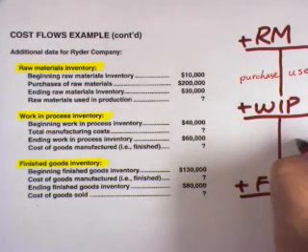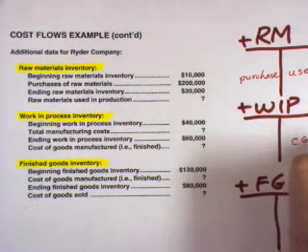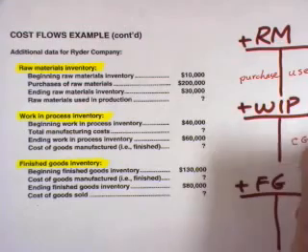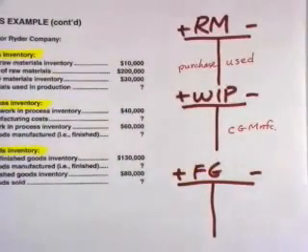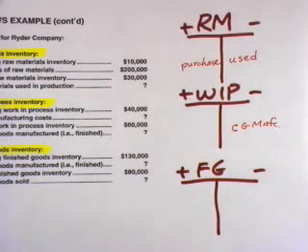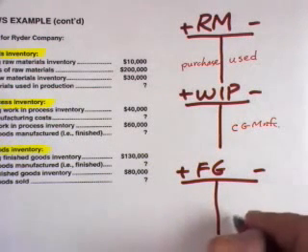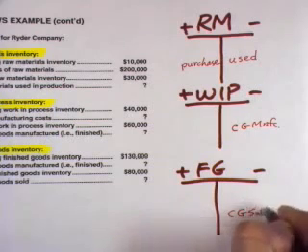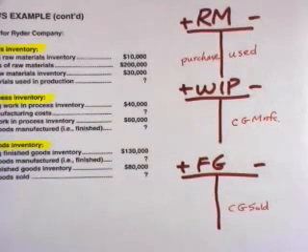we end up recording the cost of goods manufactured or finished. Okay, so cost of goods manufactured goes on the credit side. And with finished goods inventory, to decrease that, we're going to have cost of goods sold recorded on the credit side of finished goods.